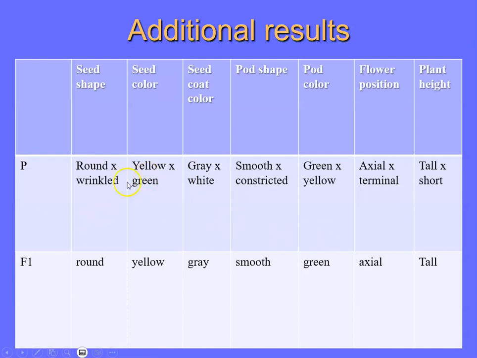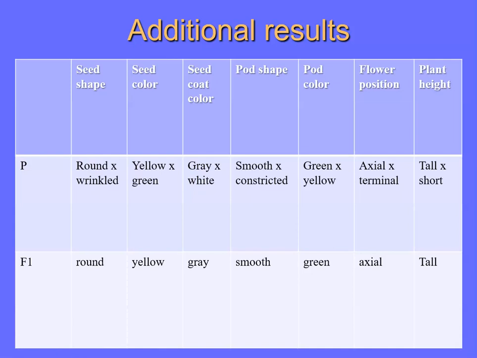When crossing a plant with yellow seeds with another one that had green seeds, all of the F1 generation had yellow. And you can see in this trend here that for these parental crosses, only one of those traits showed up in the F1 generation offspring. So this led Mendel to another question.